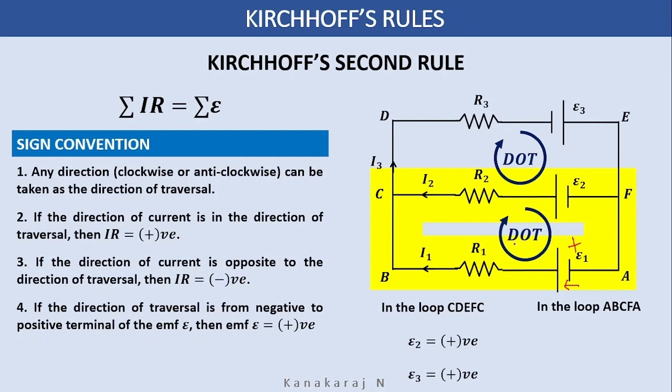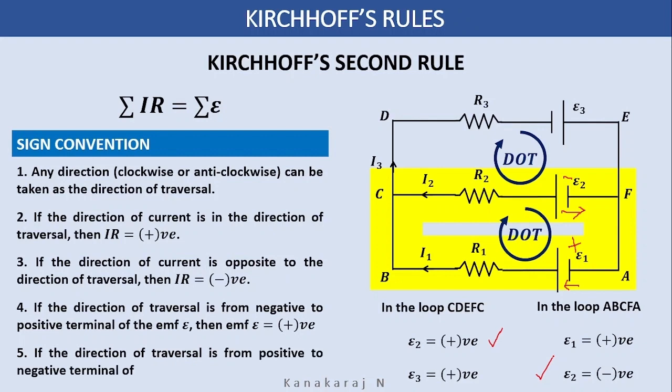Whereas, the direction of traversal is from positive terminal to the negative terminal of epsilon 2. So, epsilon 2 is negative. Epsilon 1 is positive, whereas epsilon 2 is negative. So, for the upper loop, epsilon 2 is positive. For the lower loop, epsilon 2 is negative. Please see this. If the direction of traversal is from positive to the negative terminal of the EMF, then the EMF epsilon is taken as negative.